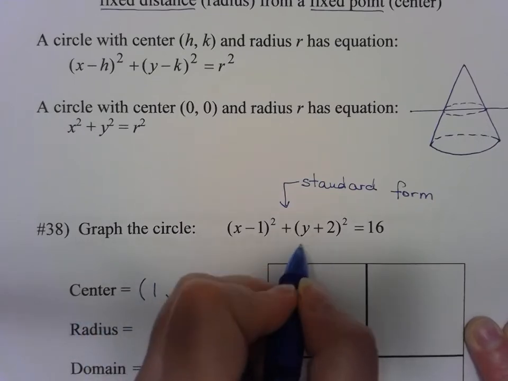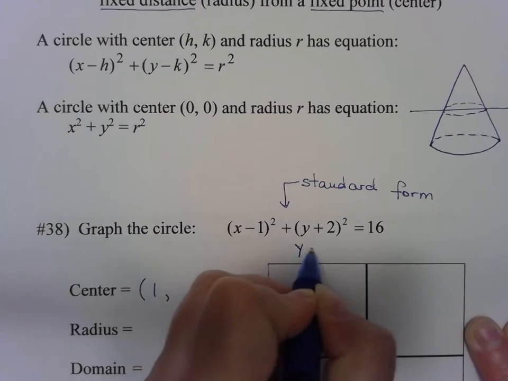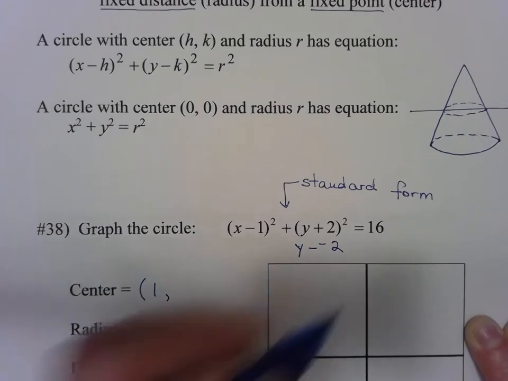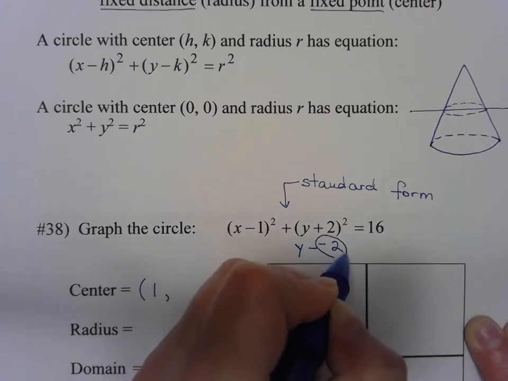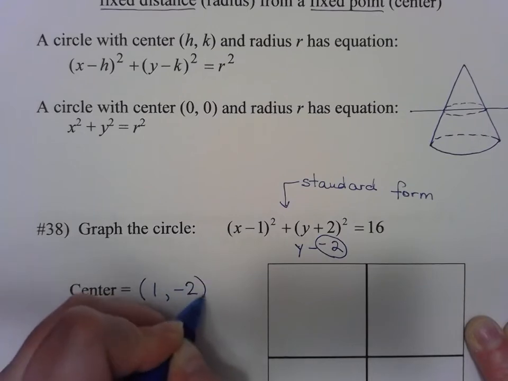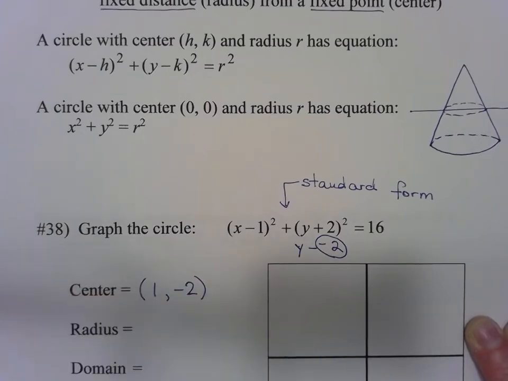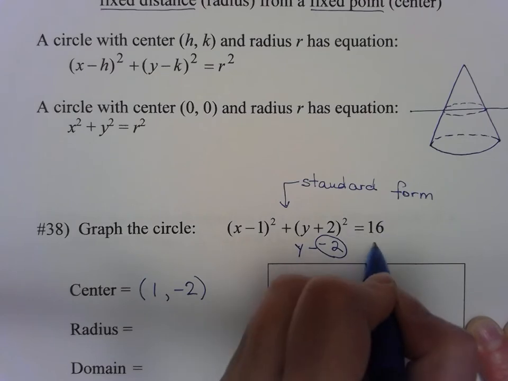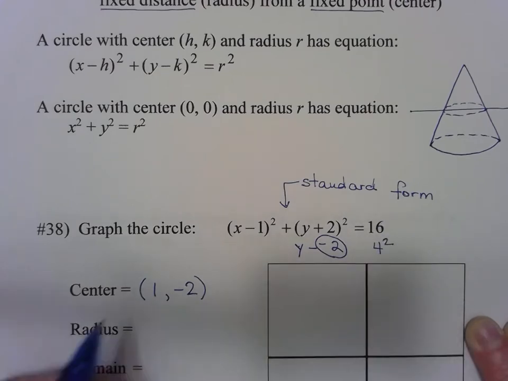Same thing is true for the k. You could think of this plus 2 as y minus -2, and the -2 would be the value for k. So the center this time would be 1 comma -2. And the radius, this is the radius squared. 16 is 4 squared. So the radius would be 4.